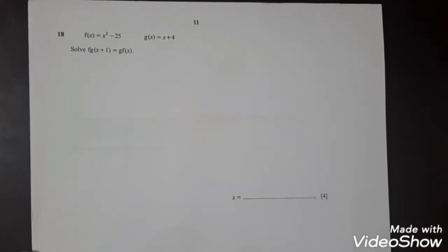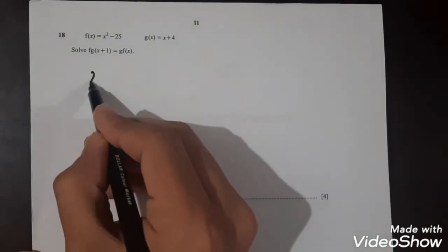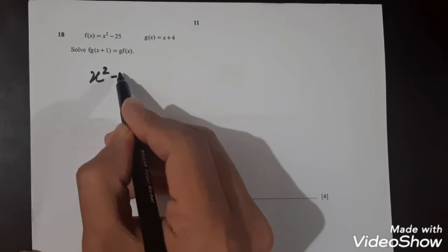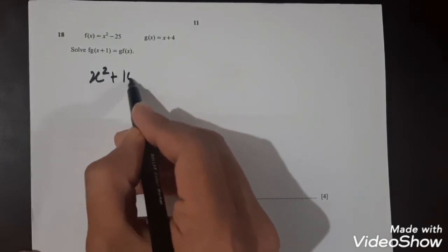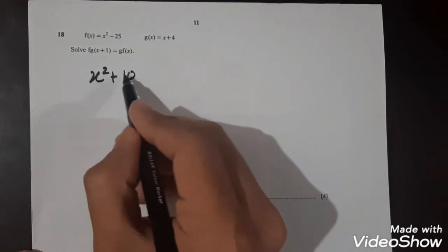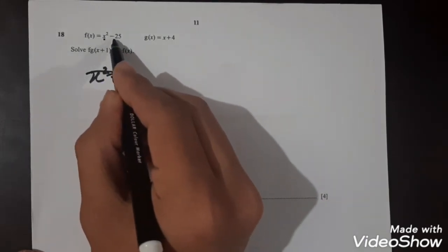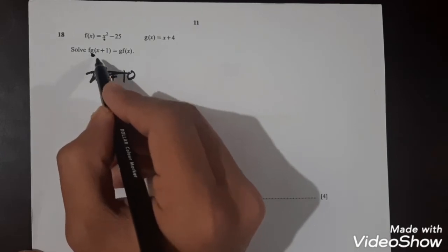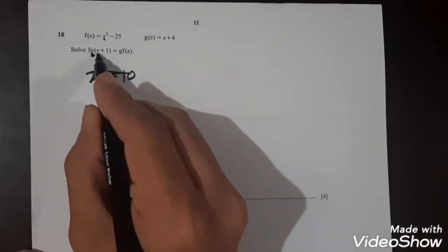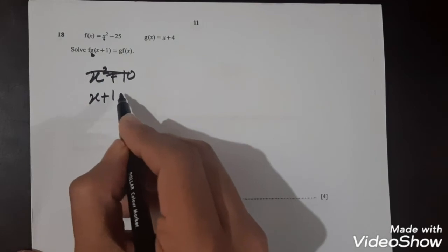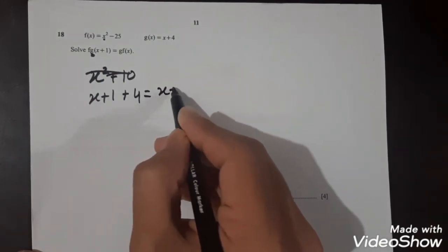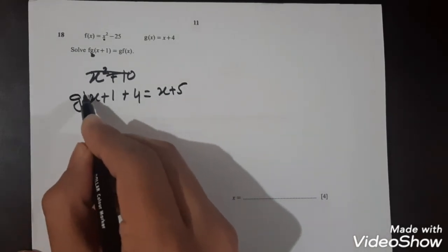So over here in question 18, first we have x squared minus 25 for f. First we will do the inner function g, so first we will write x plus 1 plus 4, which will be x plus 5 for g.